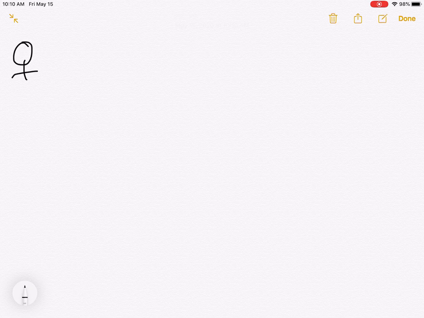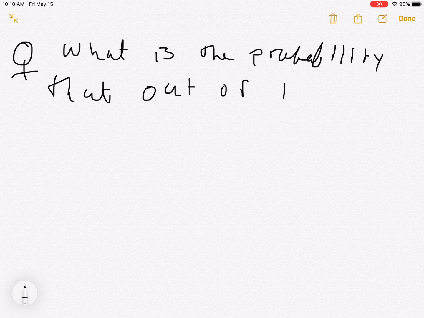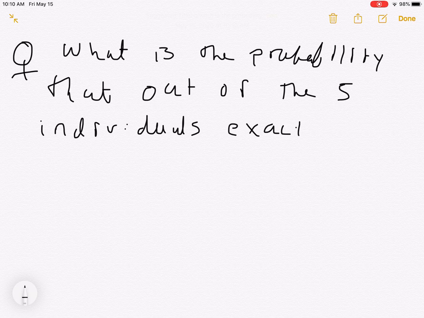So question: what is the probability that out of the 5 individuals exactly 3 have the disease?